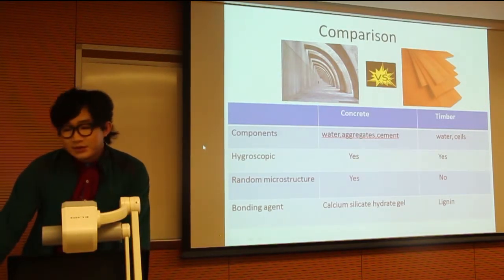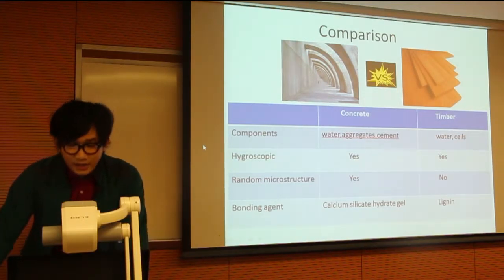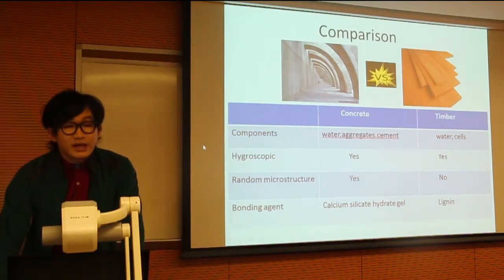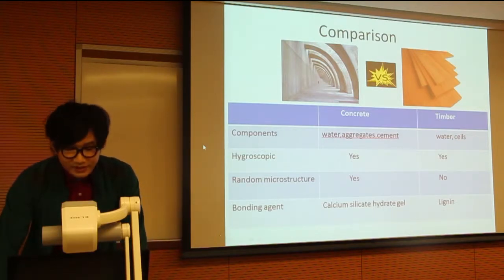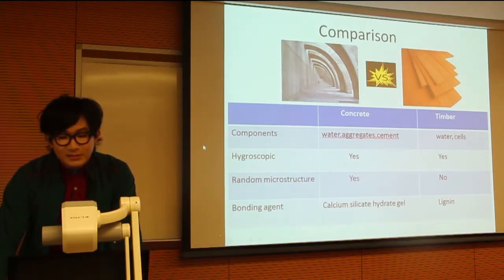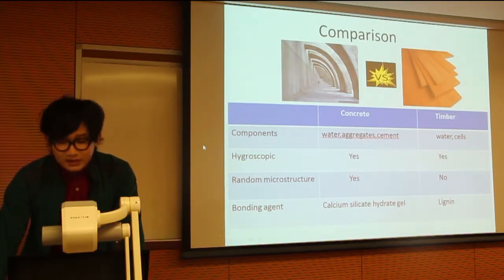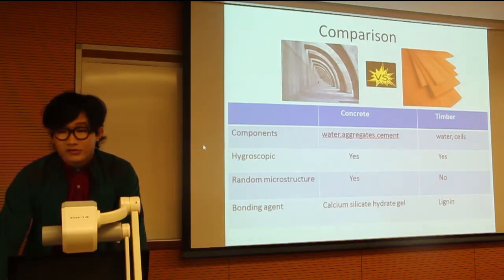And when it comes to the random microstructure, on one hand, concrete contains random microstructure because the randomness in the cement-based microstructure is on the order of micrometers, because the original cement grains have an average diameter of approximately 10 to 20 micrometers, and this sets the scale for the microstructure of concrete.